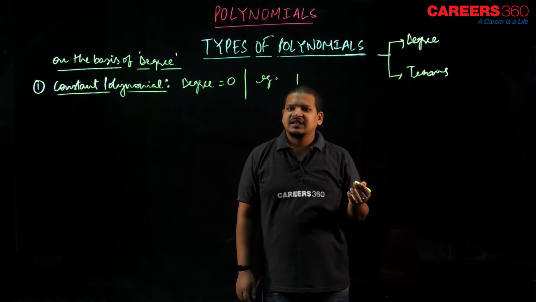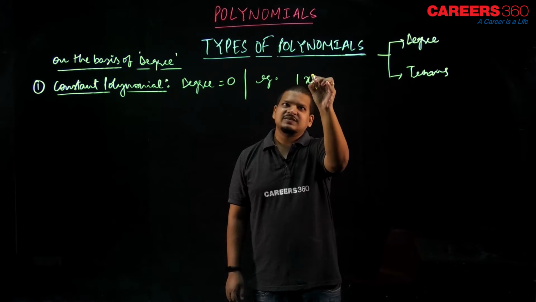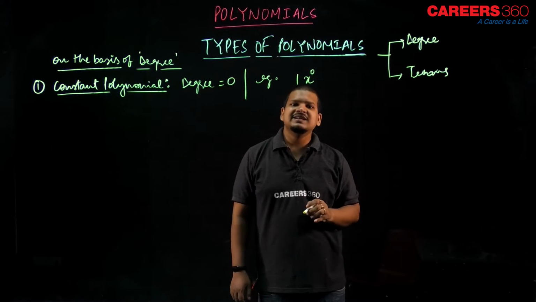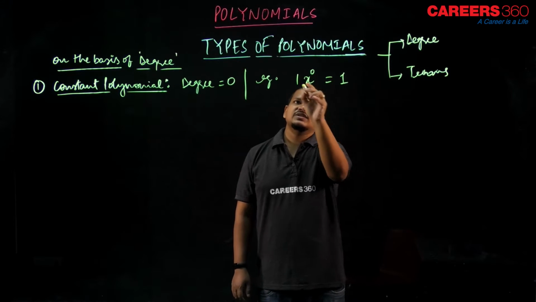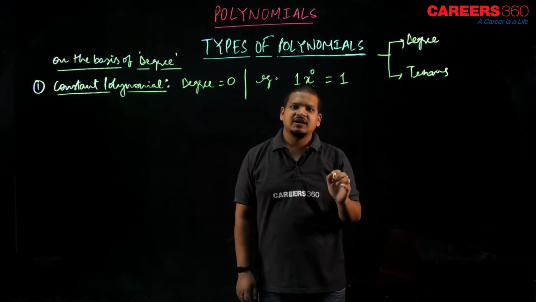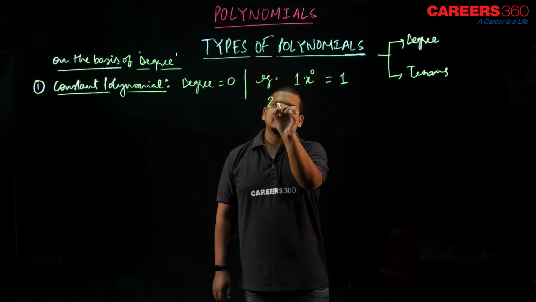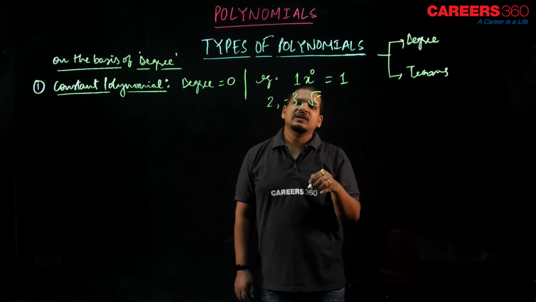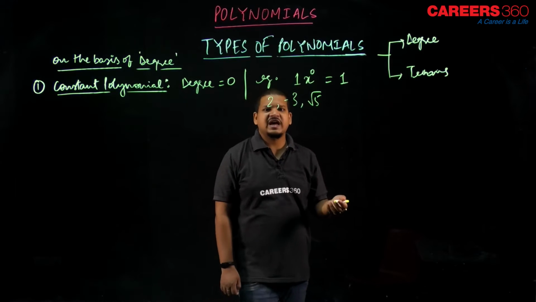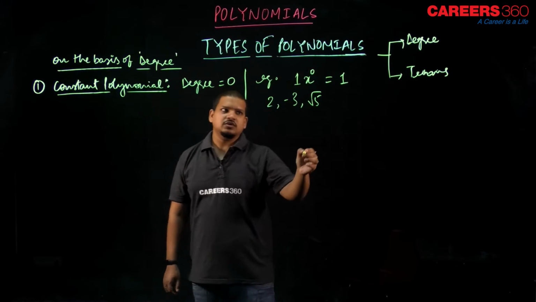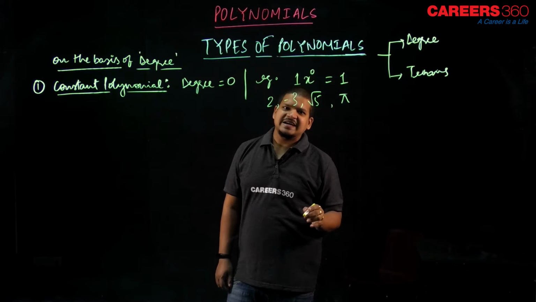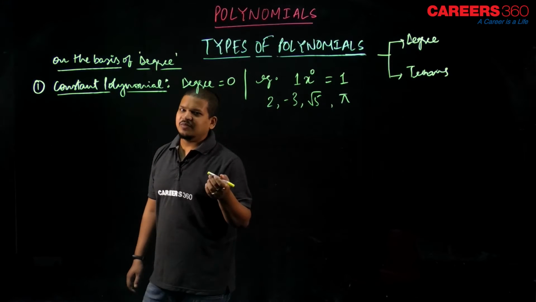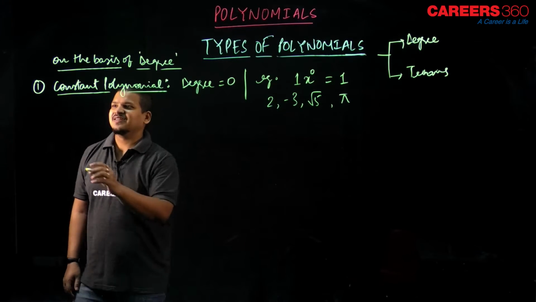There is this x, but it has a degree 0, and that is why it is written as 1 only, right? For example, next one is, let's say, 2, minus 3, under root 5. All of these terms have a degree of 0. There is also this one, that is pi, right? Pi is also a constant polynomial, right?